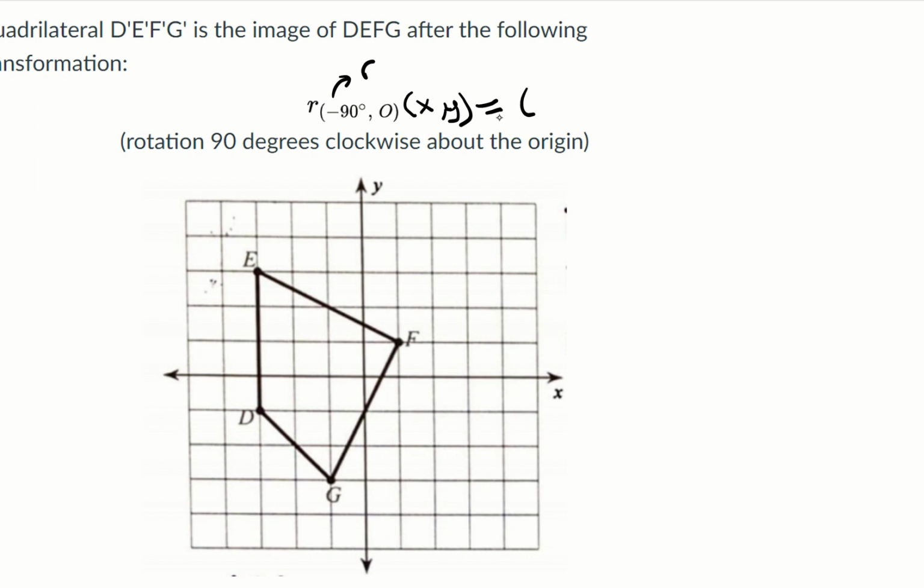Sometimes in a problem they might write it this way, so you might want to know both ways. So this is the same thing as 270 degrees counterclockwise, which is positive, about the origin. So they mean the same thing. And so it's going to be (y, negative x). Okay, so that's the rule for that.